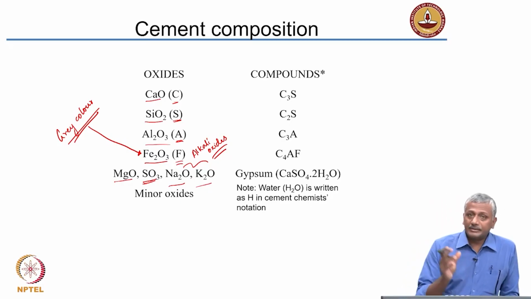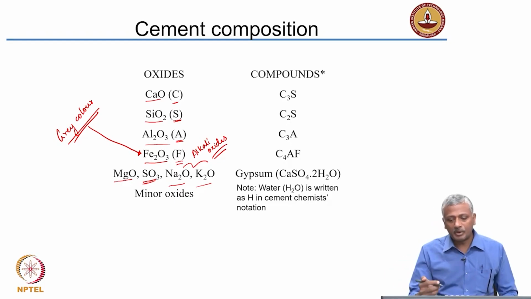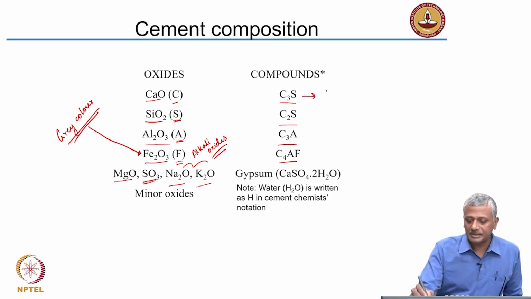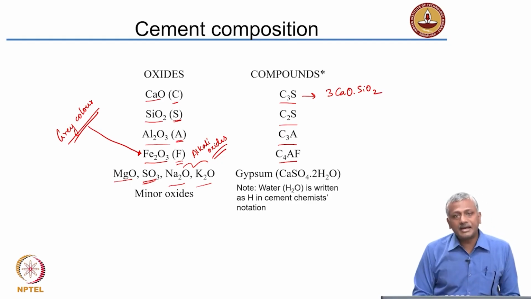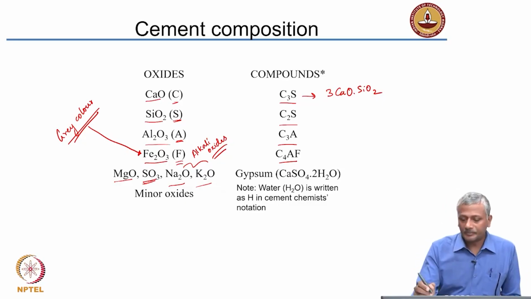Now, as I said, in the kiln burning, the raw materials are actually mixing up and then getting fused to form some compounds. So, you have these four primary compounds that are forming. What are these compounds? C3S is a mixture of calcium oxide and silicon dioxide. So, it is typically written as C3S to mean that it has got 3 parts of calcium oxide and 1 part of silicon dioxide.